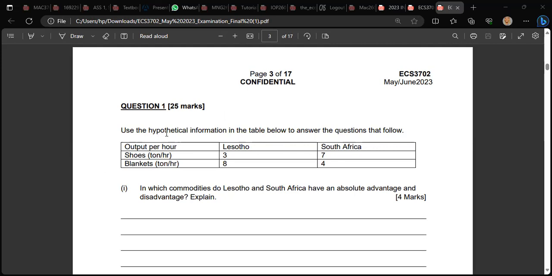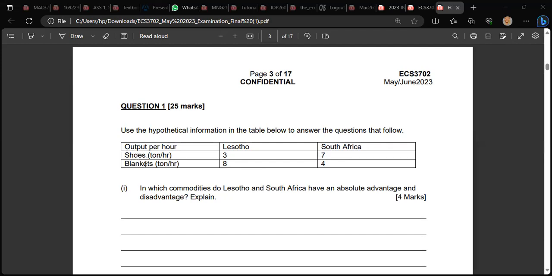So question number 1, use the hypothetical information in the table to answer the questions that follow. We have 2 countries here, Lesotho and South Africa, and we are dealing with 2 commodities.